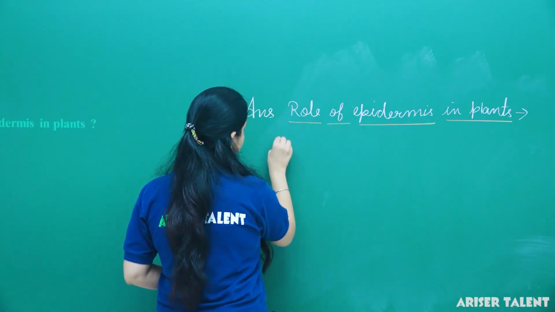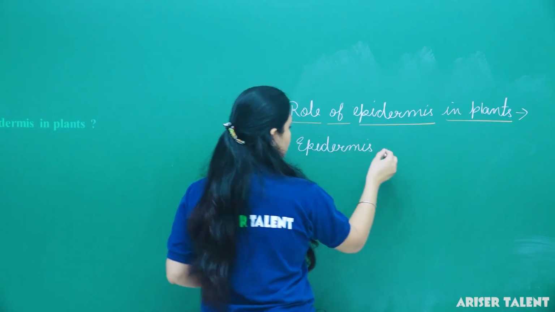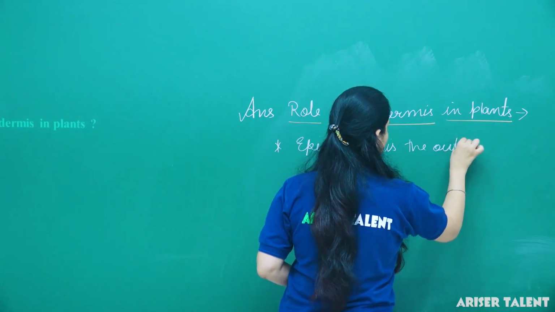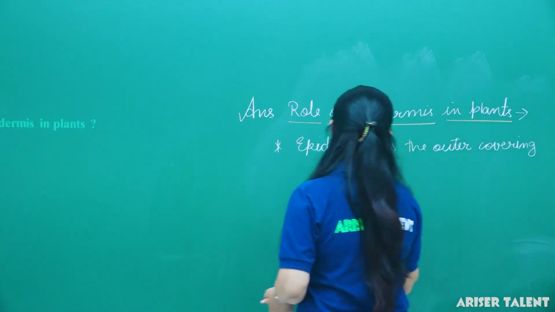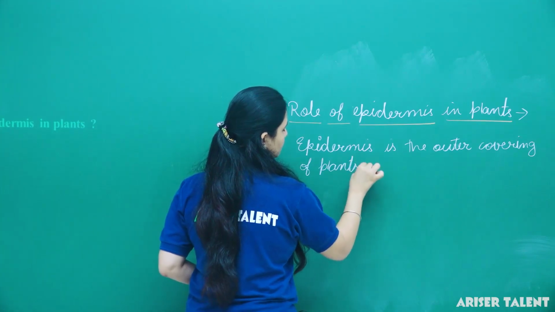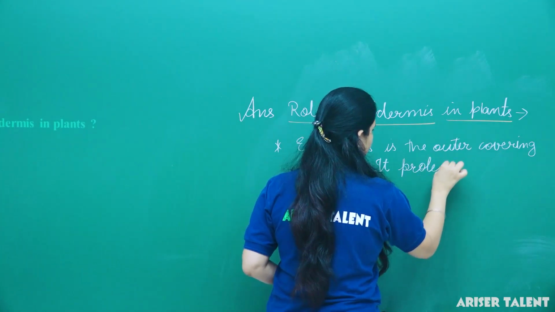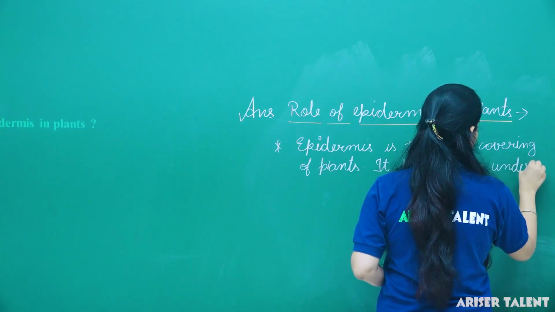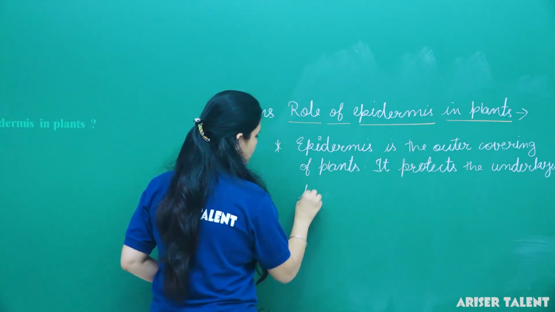As we know, epidermis is the outer covering of plants. It protects the underlying tissues.